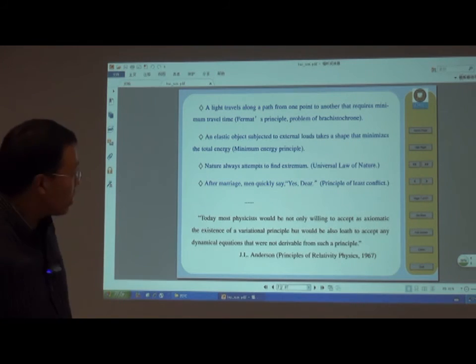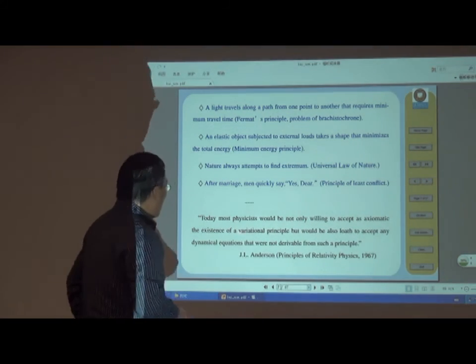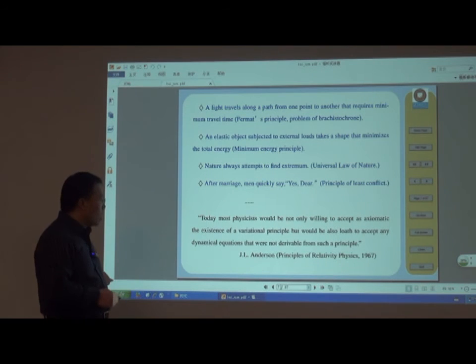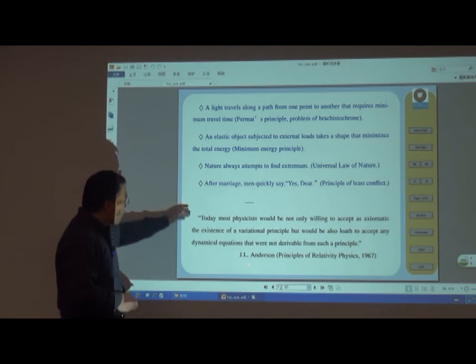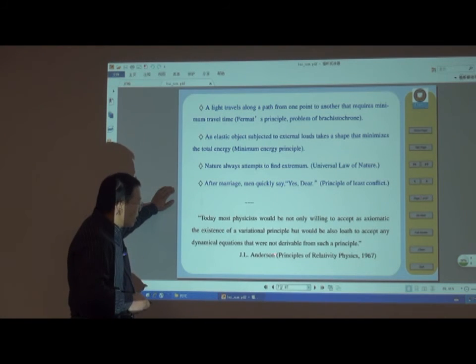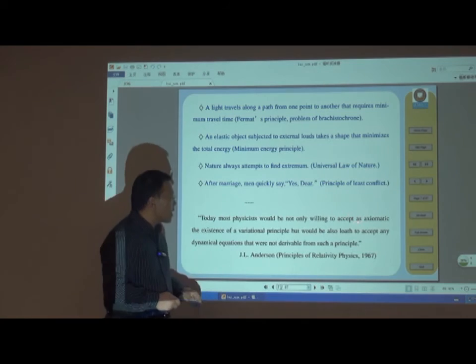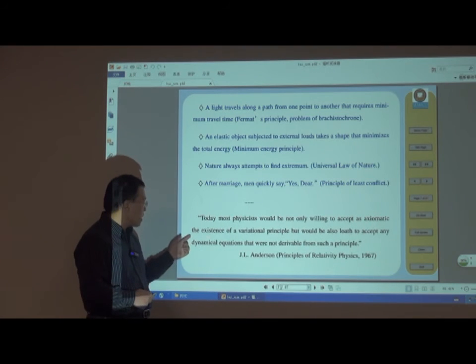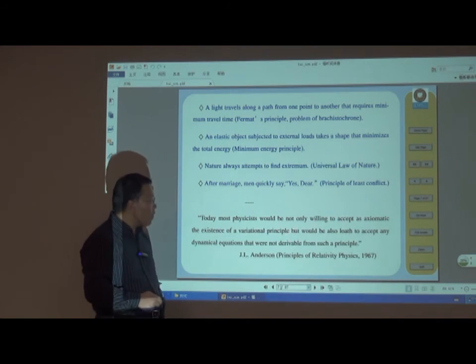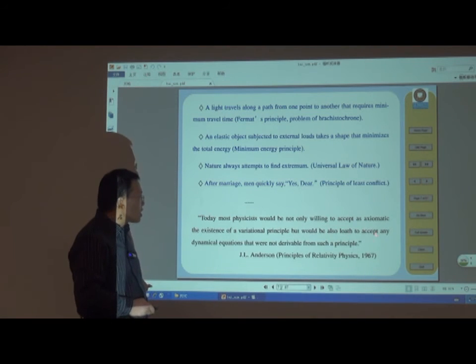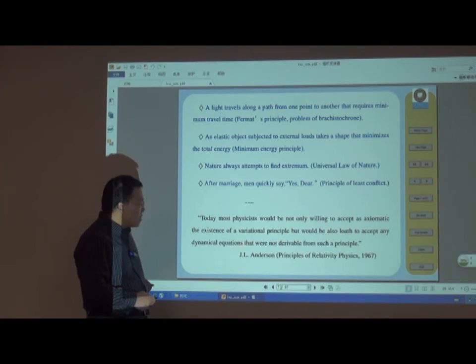Professor Bloch's work complicated Anderson's principle, and we know that Anderson pointed out that most physicists would be not only willing to accept as axiomatic the existence of a variational principle, but would also be loath to accept any dynamic equations that were not derivable from such a principle.